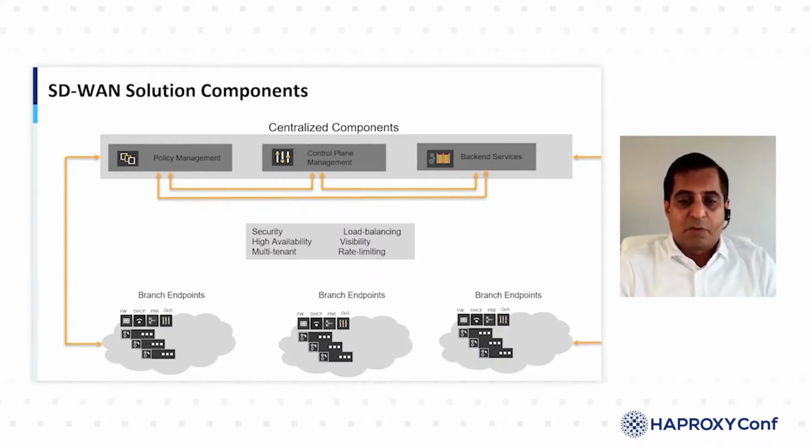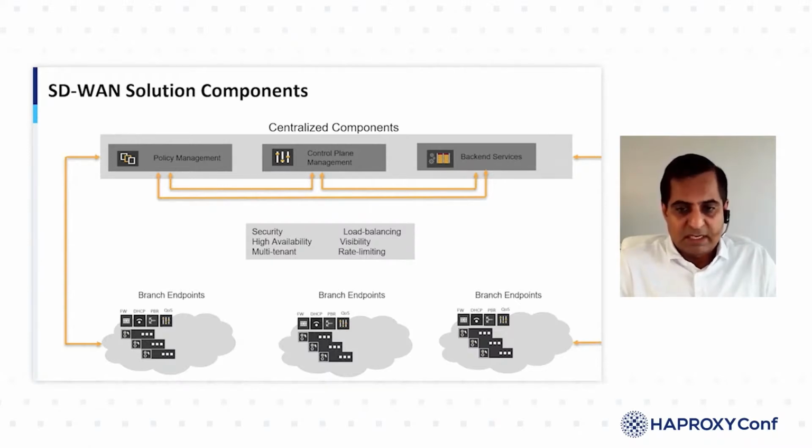When we are talking about branch endpoints, the policy manager, the controller, and the backend services, they access services from all these different endpoints or the backend services as well. The communication across these components and the accessing of the services needs to happen in a highly secure and highly available manner.